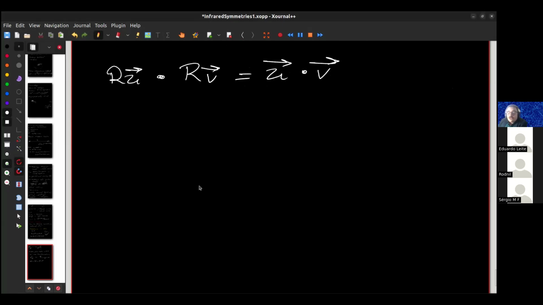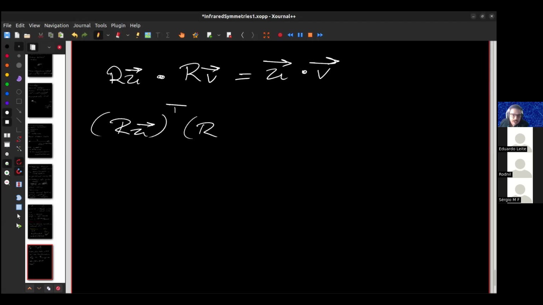We ask for a rotation to be a linear transformation and to behave in this specific way with respect to lengths and angles. We can rewrite this expression in a clever way by using the transpose of a matrix. So I'm going to consider here u as a column matrix. A vector can be understood as a column matrix.